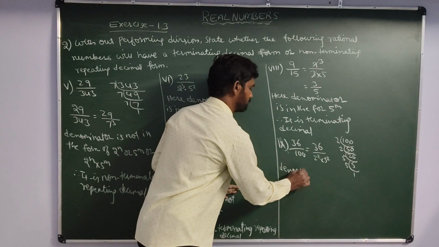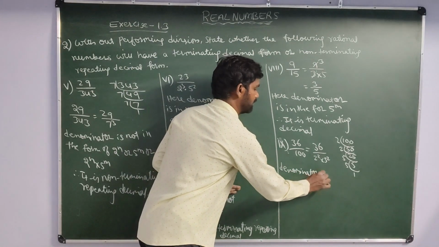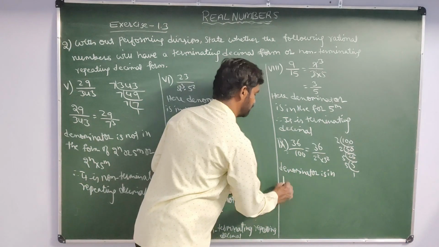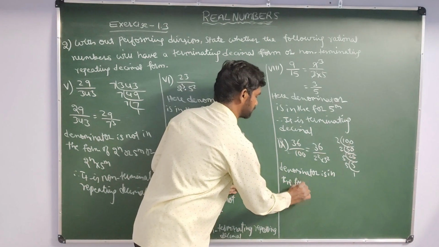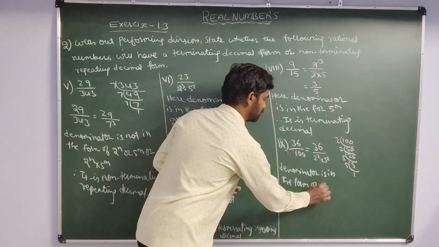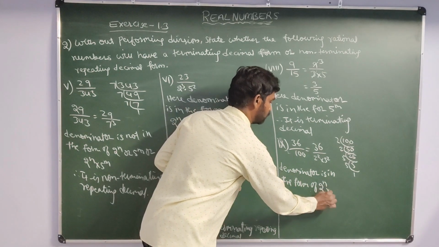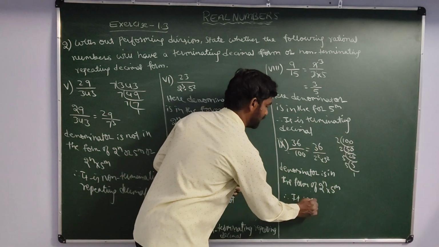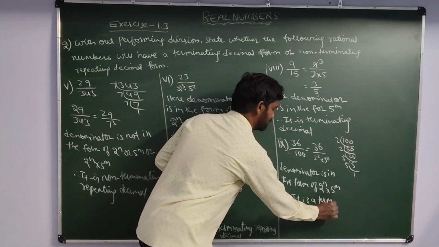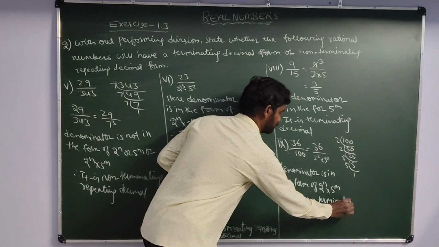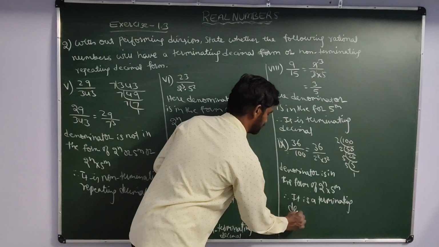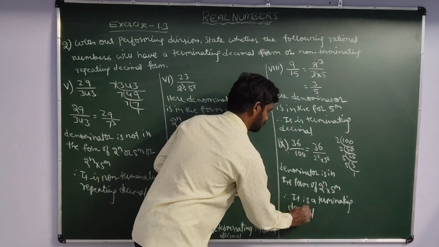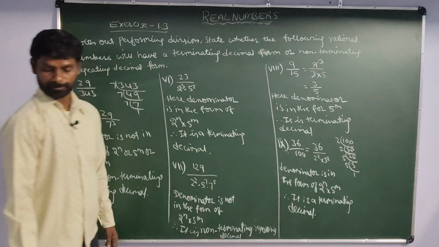The denominator is in the form of 2 power n into 5 power m. Therefore, it is a terminating decimal. That is the answer.